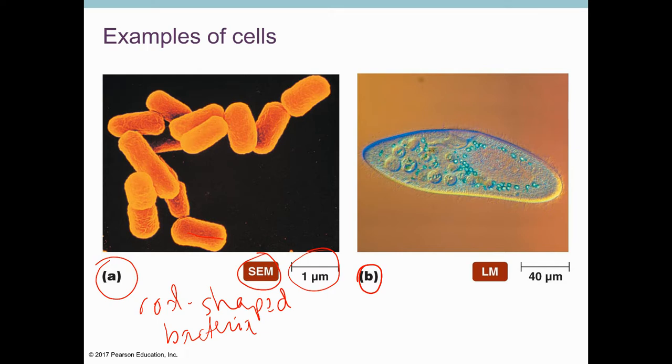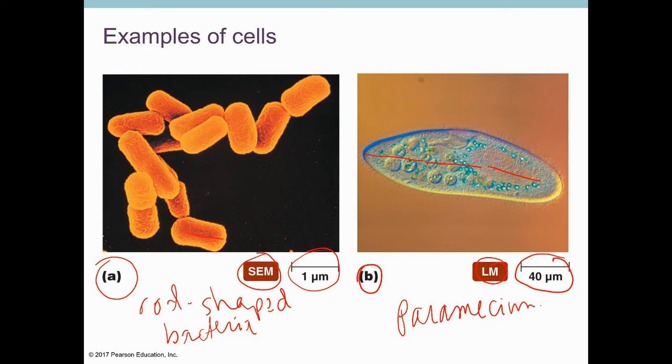This is a eukaryote. And this picture was taken with a light microscope. LM is light micrograph. You can see the scale here is 40 micrometers. So this cell is probably 120, 150 micrometers across, much different in size in real life compared to the picture on the left. So this is a paramecium.